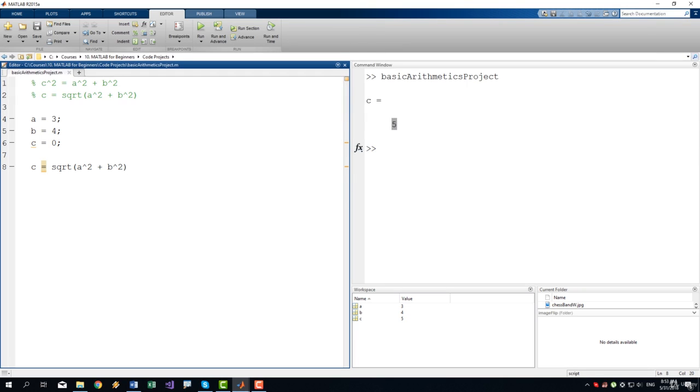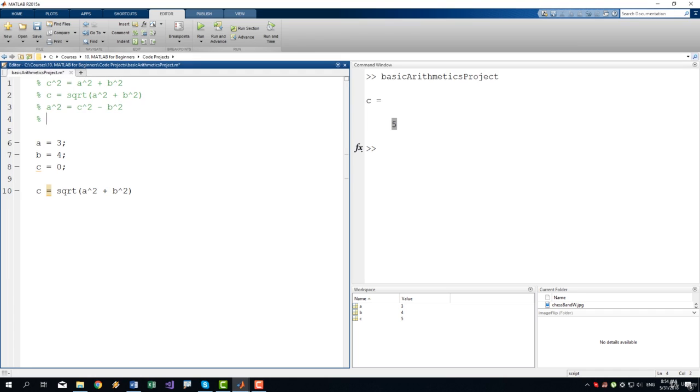Now, what if we want to find a or b? We have to derive an equation for both of these as well. The equation is pretty much the same, and the only difference will be between the brackets of the sqrt function. So, if we want to find a, that will be c squared minus b squared, this is a squared, and for the b squared, c squared minus a squared.